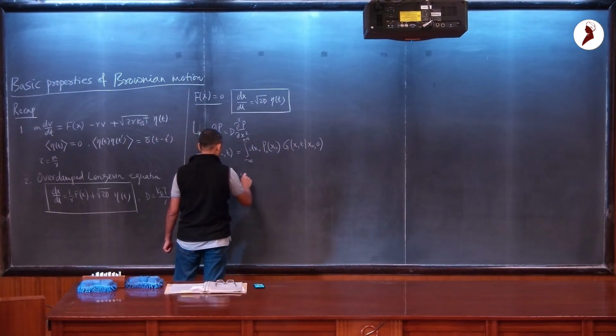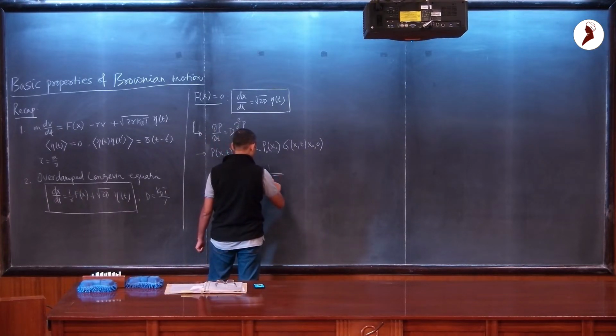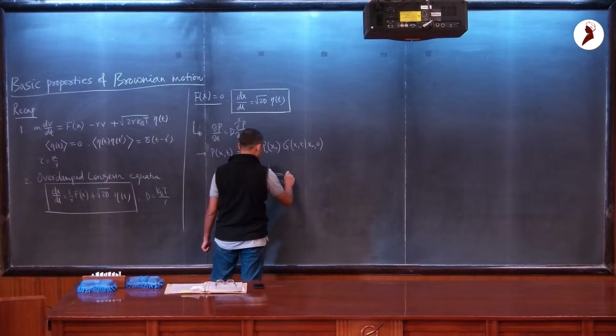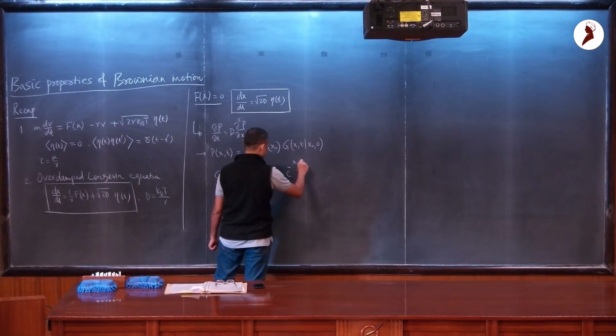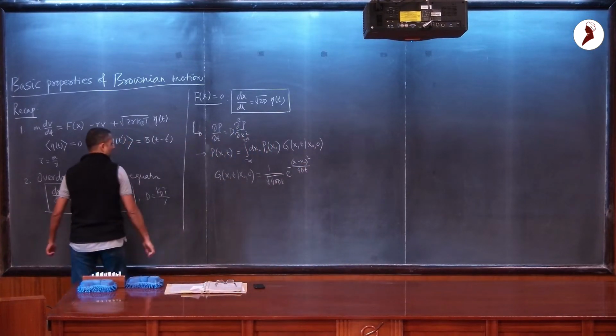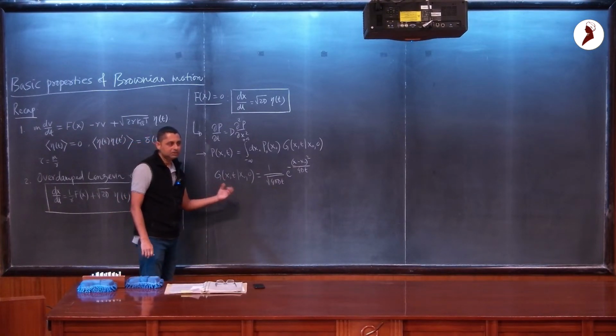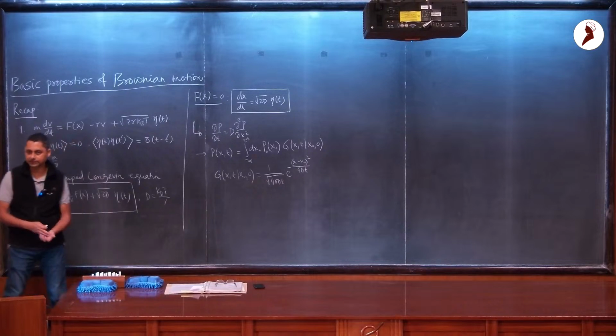and this g of x, t given x0, 0 is given by 1 by square root of 4 pi D t, exponential of minus x minus x0 whole square by 4 D t. So this is the Gaussian propagator we have, which is what we did yesterday.